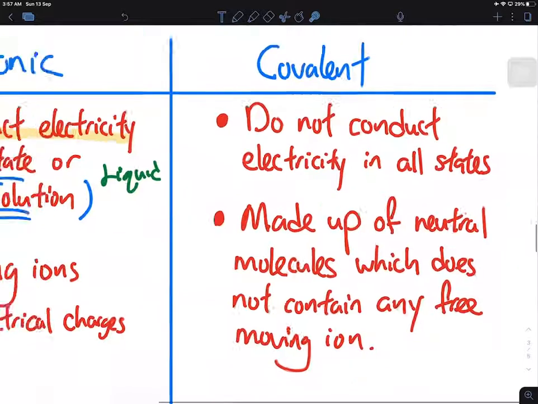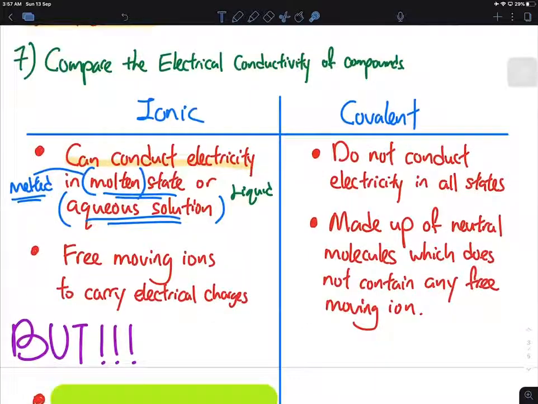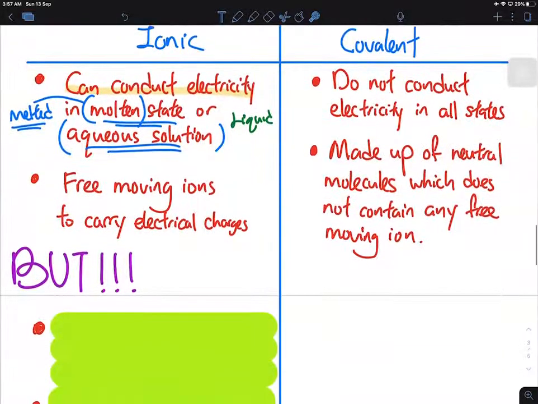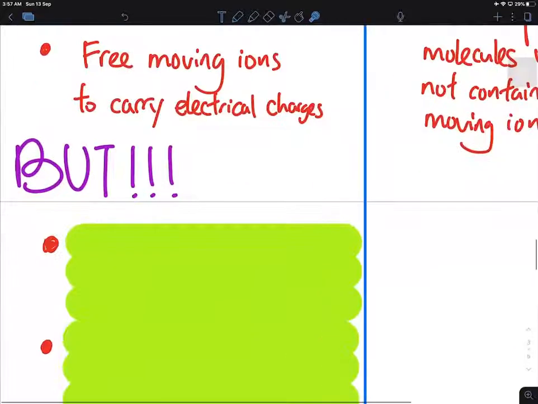So that's why they do not conduct electricity at all. So they are neutral molecules without free moving ion, so they cannot conduct.